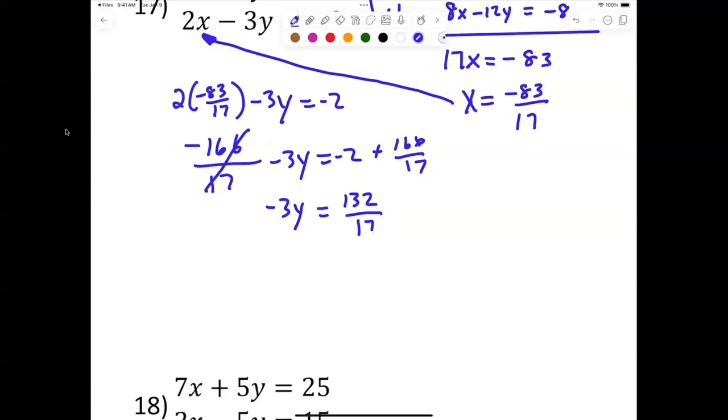Negative 2 plus 166 over 17. Can we confirm that's 132 over 17? We agree? Now we divide by negative 3. So if I divide by negative 3, y equals, what is that? Negative what? Negative 44 over 17.